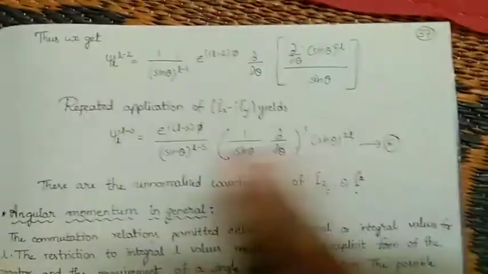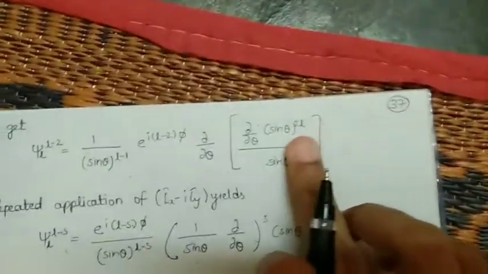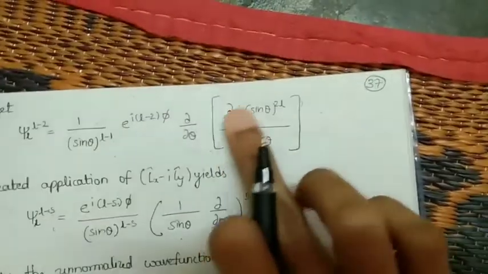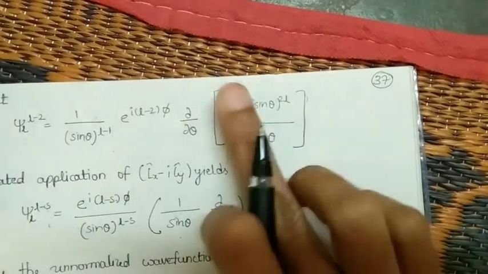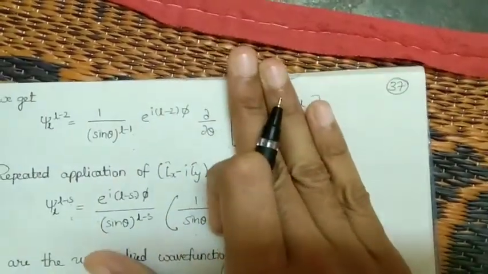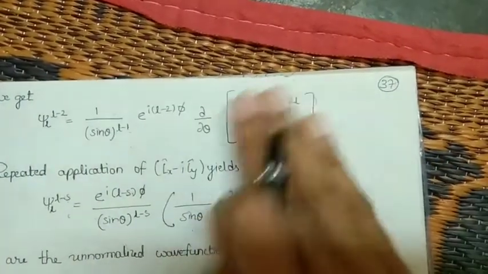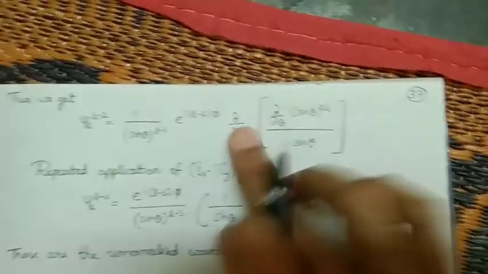So this procedure continues for s times. Here also the same thing is happening. First we differentiate sin theta whole power 2l, and multiply it with 1 by sin theta, and the part we have obtained after multiplication, we again differentiate with respect to theta, and again multiply with 1 by sin theta. So that is the meaning of this part of the equation.